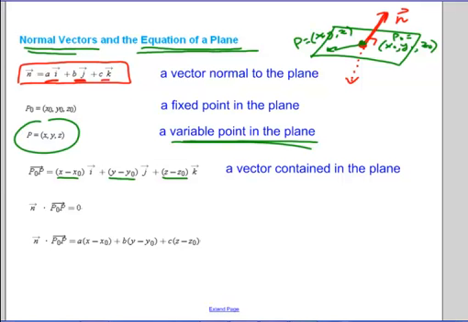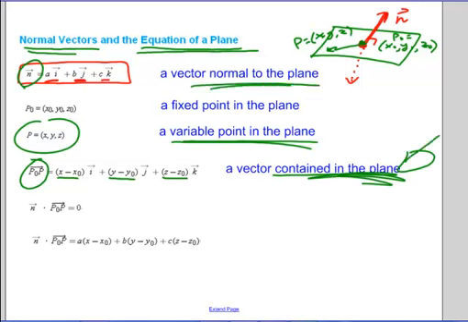If we define n to be a normal vector, and we now have this displacement vector that's contained in the plane, and that's key, then if we dot the normal vector with our displacement vector, which is in the plane, it's going to be equal to 0. And that's because the normal vector is perpendicular.